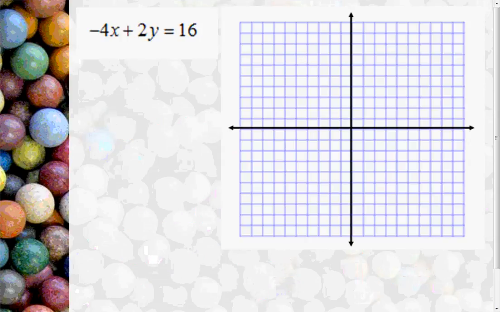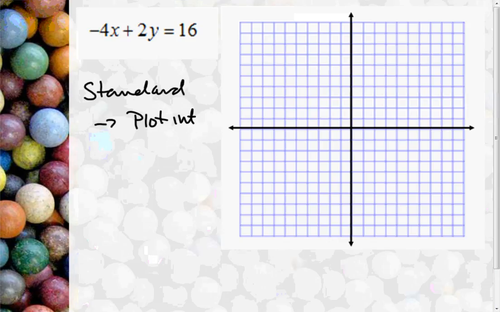Okay. This one is in standard form. And you're going to plot your intercepts here. This is what we learned yesterday. So the x-intercept is where y equals 0.